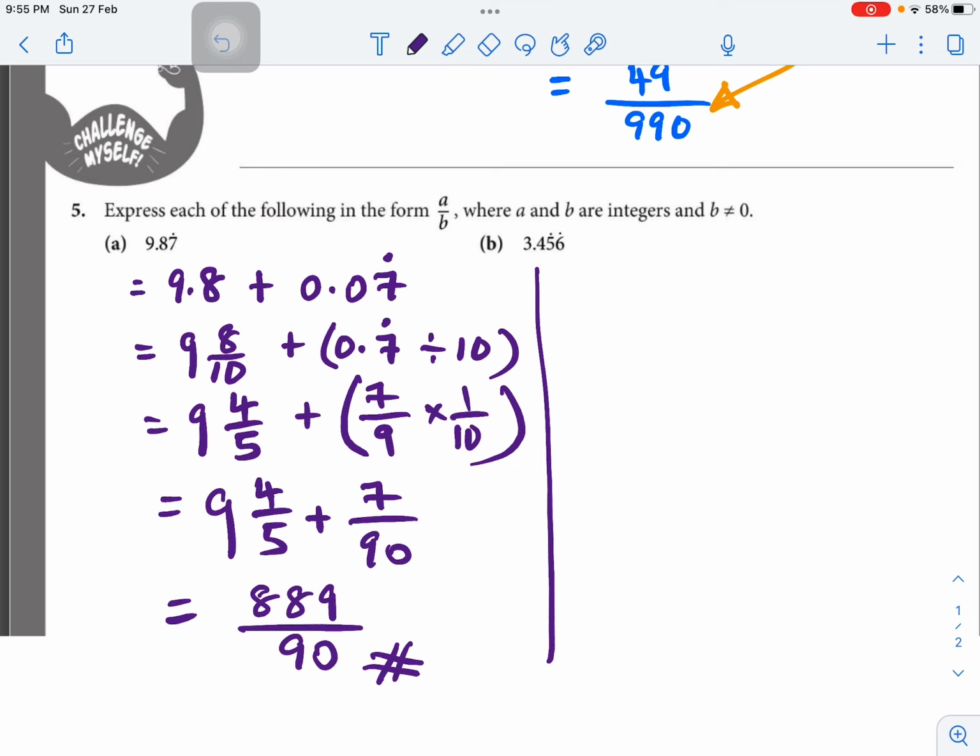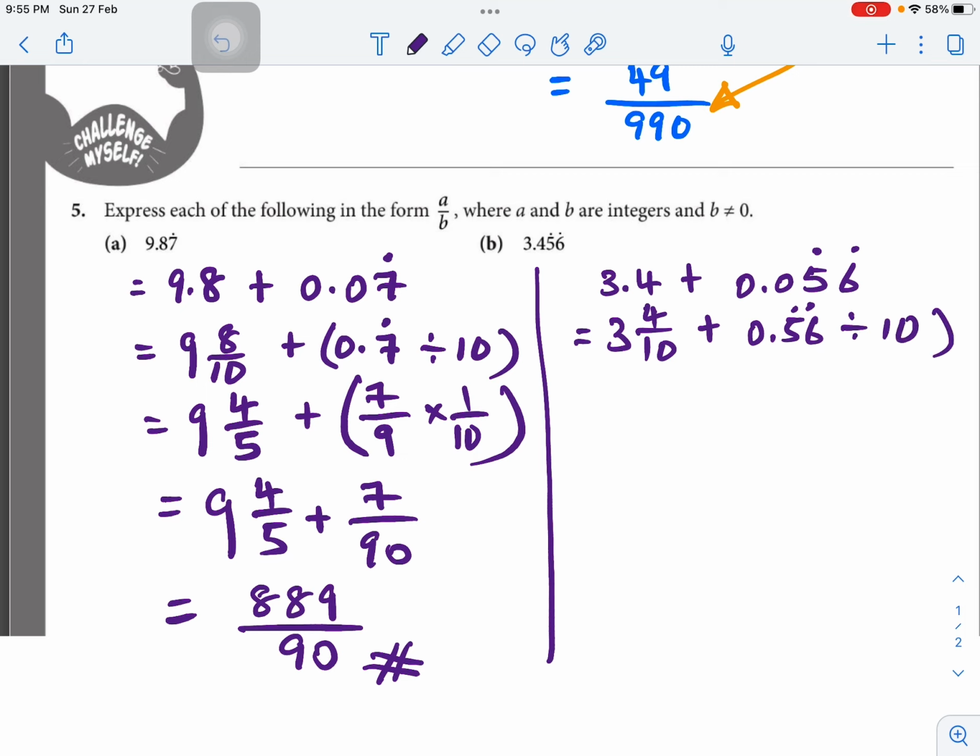Okay. Now you need to do the same for the next one. So it's 3.4, so separate them. 3.4 plus 0.056 with 2 dots above the 5 and 6, recurring. So this is 4 over 10, and this is 0.56 recurring divided by 10. This one you get 2 over 5, whereas this you get 56 over 99 times 1 over 10.